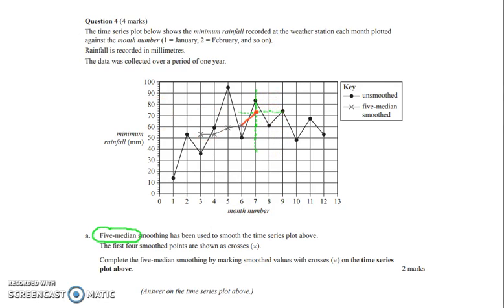Then we do the same process again, but we move one point across. So we go 1, 2, 3, 4, 5. Out of these, for the X values in size order, that one, then that one, then that one, then that one, then that one. That's our third value, so 1, 2, 3. So it's going to be in line with the 8. As you can see with the X-axis, it goes from the 7 to the 8 to the 9 to the 10, so we're working across.